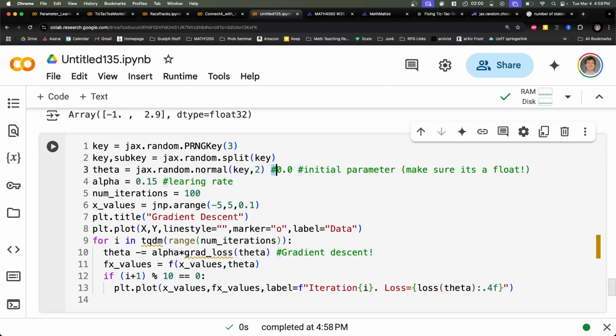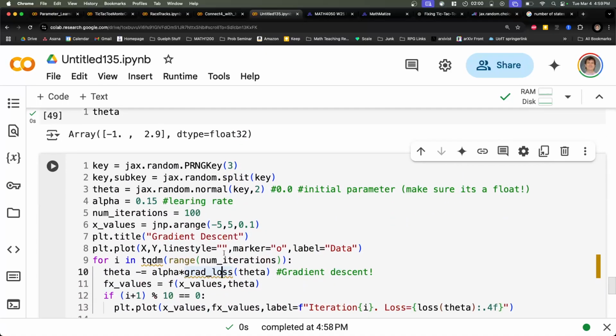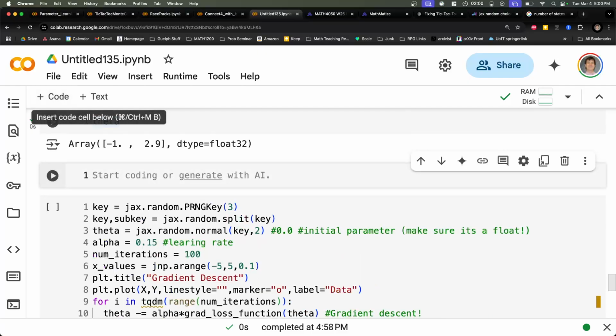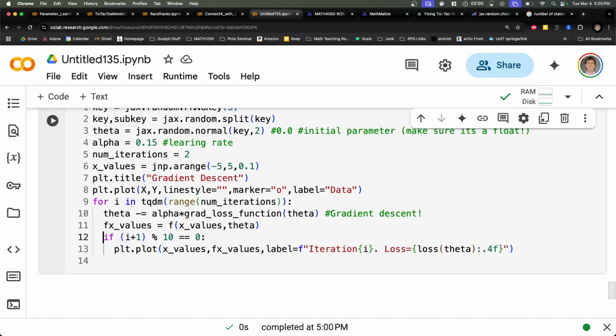So I start out with 2 numbers, then make this learning rate, alpha, and update it 5 times. tqdm, grad loss, what did I call it? Grad loss function. Okay, great. I think you also need to load in tqdm, and it wants me to do the nice little bar, and let's just do 2 iterations to start, and let's plot always.